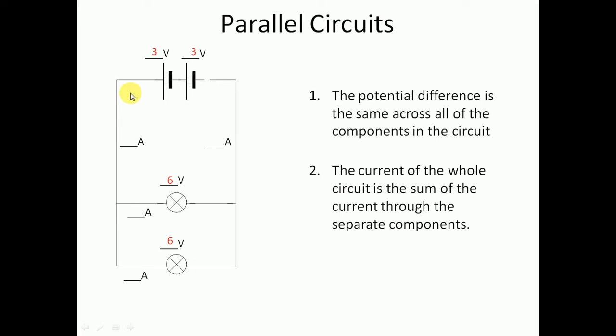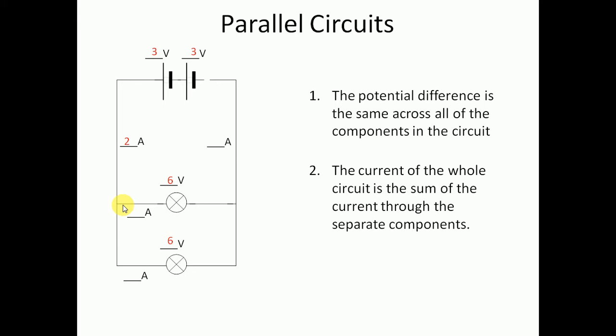So if we just pick some values, so we start off here with 2 amps of current here. Once it reaches this point here, then there is 2 paths that the electrons can take. So what happens is some of the electrons travel down this wire and some of the electrons travel down this wire. Now in this example, just to keep things simple, I've said that 1 amp flows through this wire.